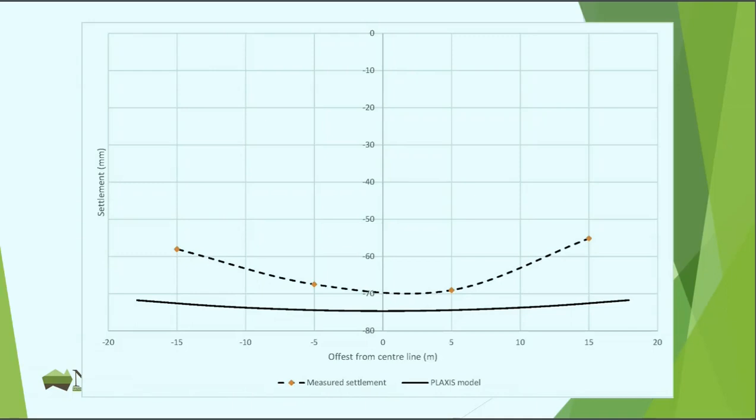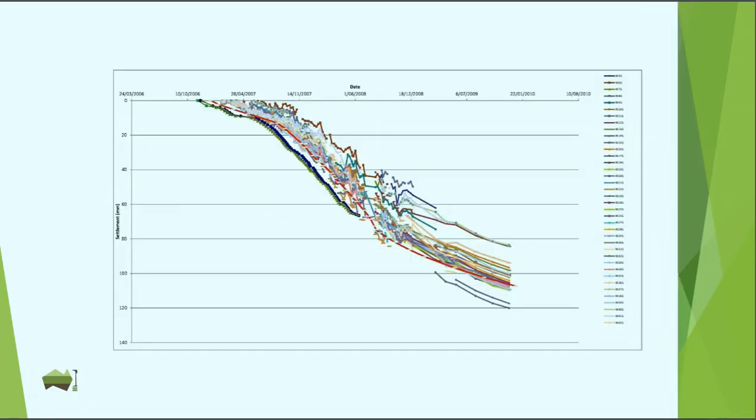This came from the model as well. The dashed curve is the measured settlement dishing across the short axis. The black line down here is the Plaxis model that shows I've still got my stiffnesses wrong. The building stiffness is too high, and I need to reduce that in order to try and get something that matches that more closely.